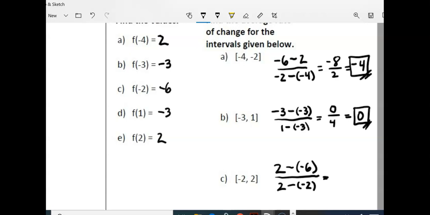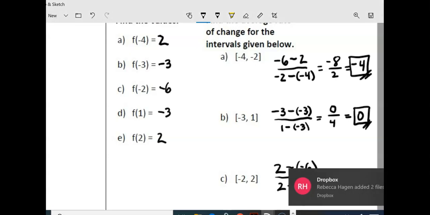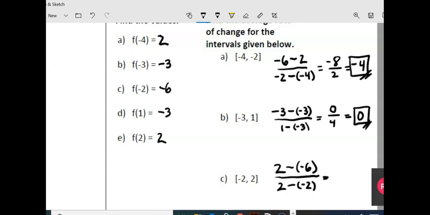And so 2 minus -6, that's +6. 2 plus 6 is 8. And 2 minus -2, that's +2, so 2 plus 2 is 4. And 8 divided by 4 would be 2. And so the average rate of change there would be 2.